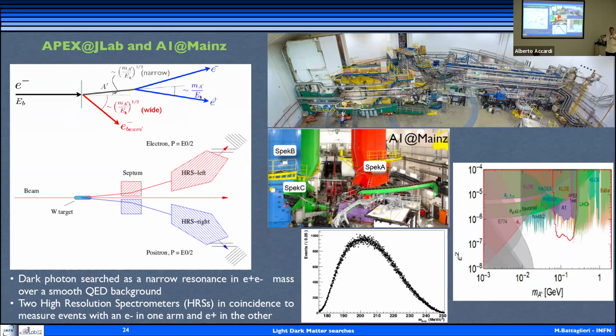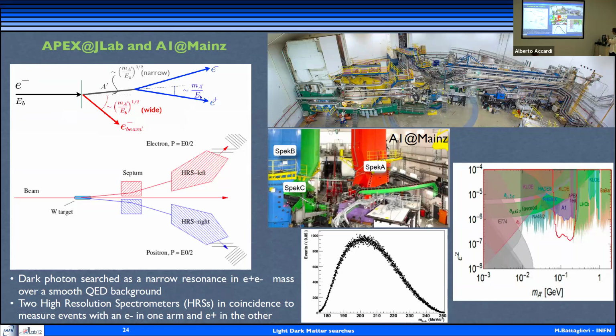Putting together all these experiments with different beam energies, different acceptance for the detector, you can cover a significant fraction of this experimental area, just measuring E plus E minus pairs. Okay, and then this is kind of the result.